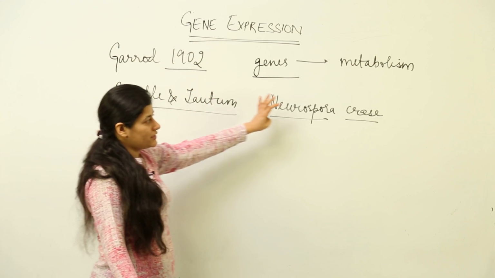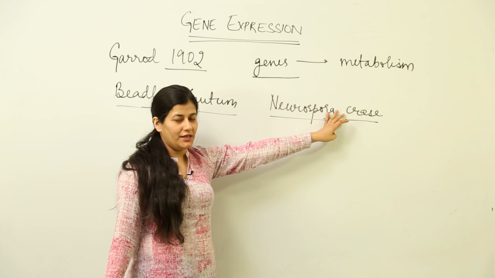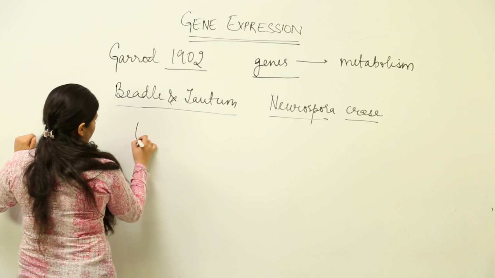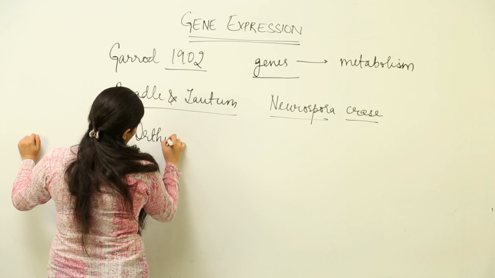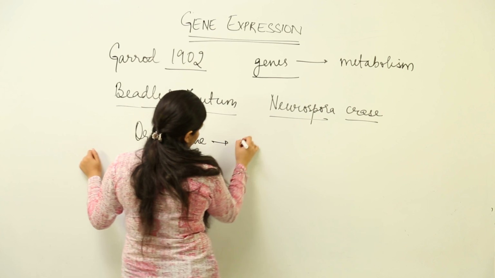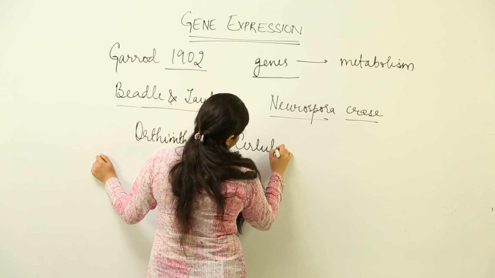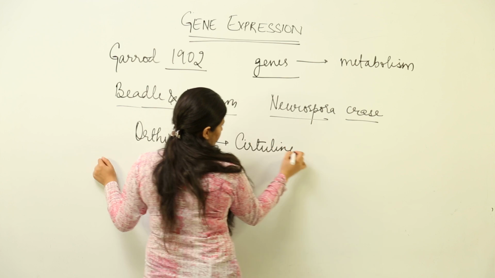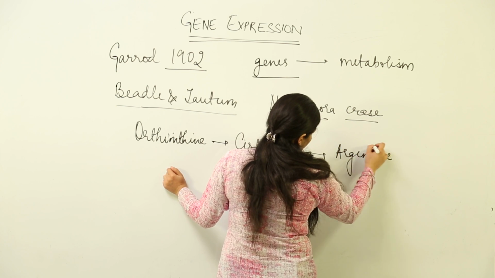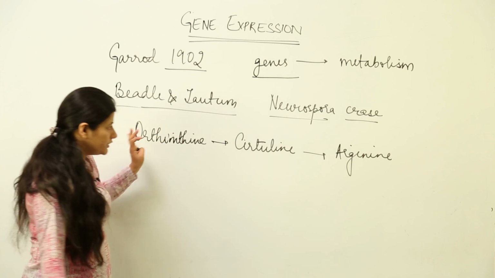They studied this particular fungus, and in this study they studied the ornithine, citrulline, arginine cycle. This process is known as the ornithine cycle.